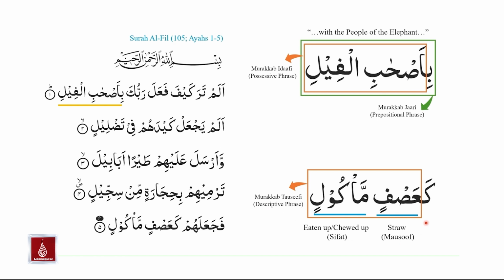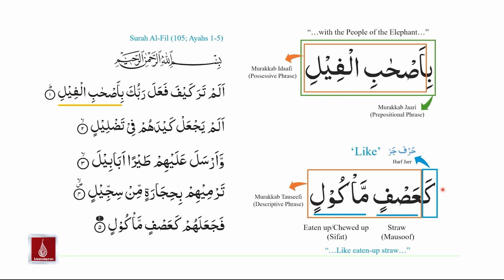We will also notice at the beginning that we have this kaf with a zabar on it. This is our next harf-e-jar that we will be studying. This is kaf harf-e-jar and it means like. Taken together, ka'asfin ma'kulin can be translated to like eaten up straw.